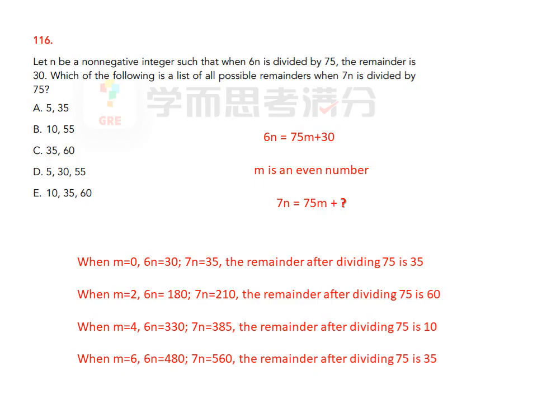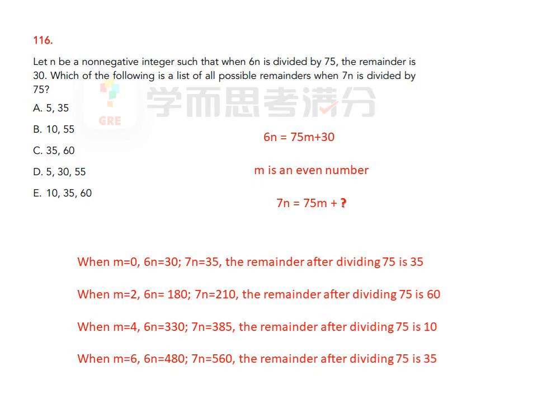So n equal to 5. So 7n equal to 7 multiplied by 5 equal to 35. As m is 0, dividing by 75, the remainder will be 35.